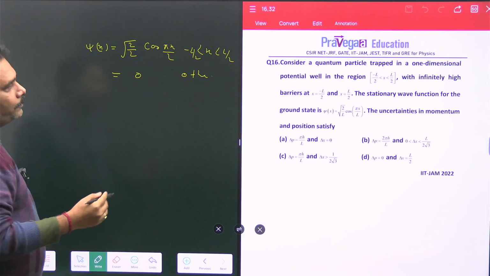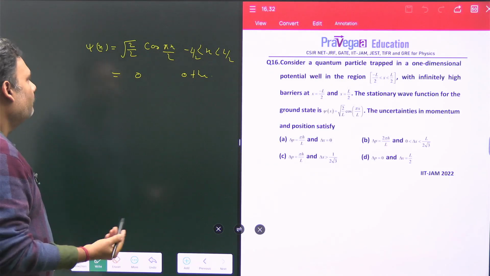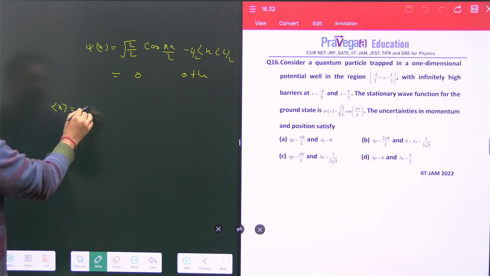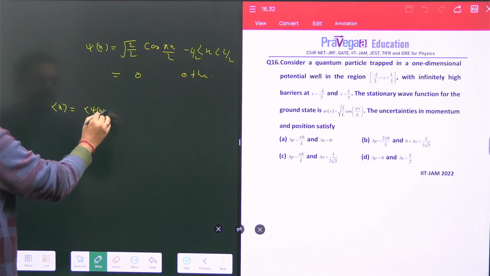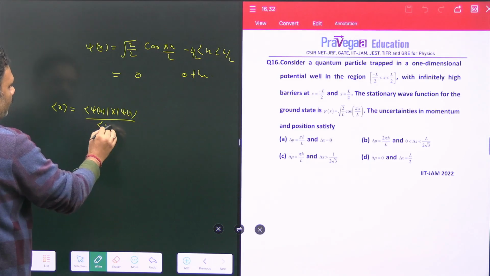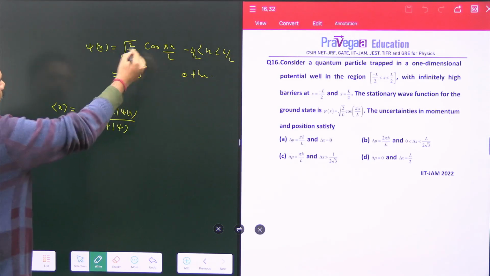First we have to calculate the expectation value of x. This is nothing but the integral of psi x, x, psi x, and the normalization factor must be there, but it is normalized.